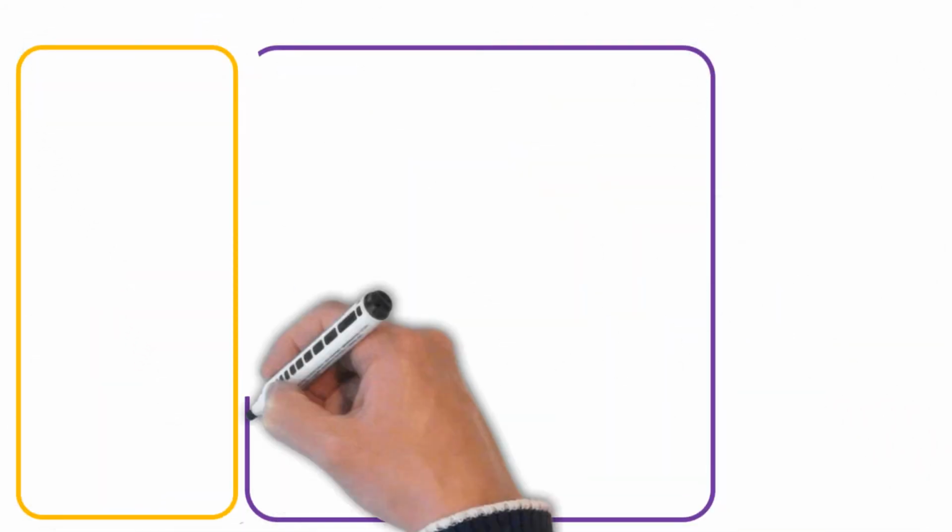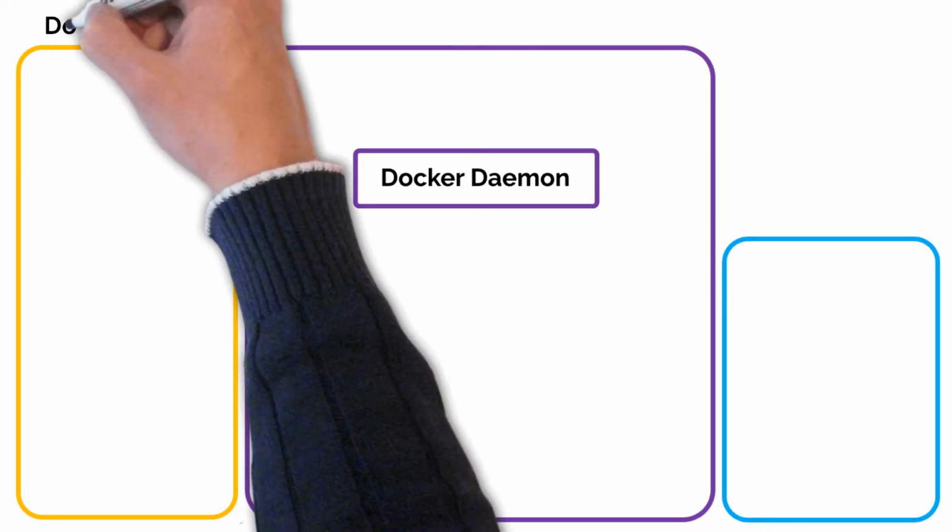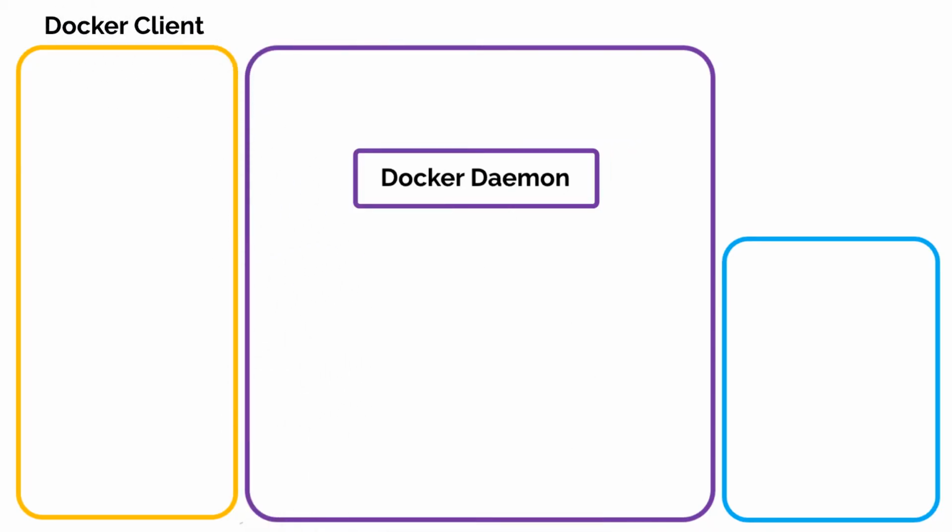Now let's take a look at all the key components of Docker and how they interact with each other using a high-level architectural diagram. This will help us to understand the full Docker workflow. As we mentioned before, when we talk about Docker or Docker Engine, we're referring to a client-server application which consists of two main parts: the Docker daemon, which is the server-side component, and the Docker client, which is the client-side interface.